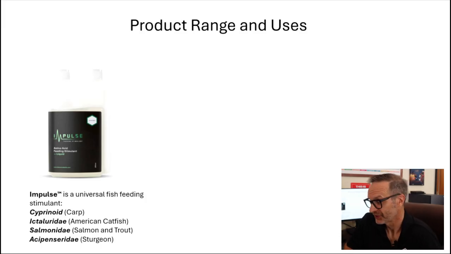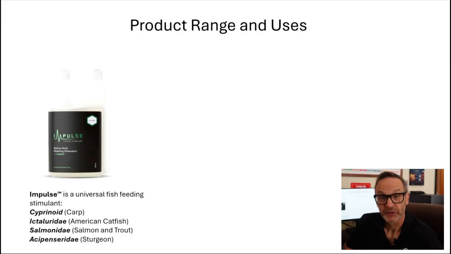Okay, so Impulse is a universal fish attractant / stimulant, works for, as advertised, carp species. So with other members of the carp family, such as barbel if you're in the UK, or tench, as well as common carp, mirror carp. If you're in America, where I am, works great for all catfish species, particularly channels and blues. Okay.